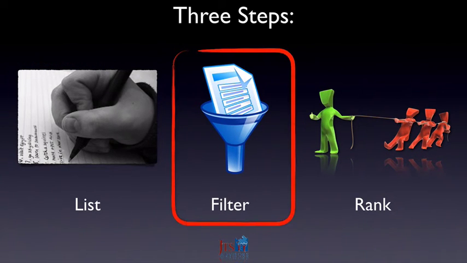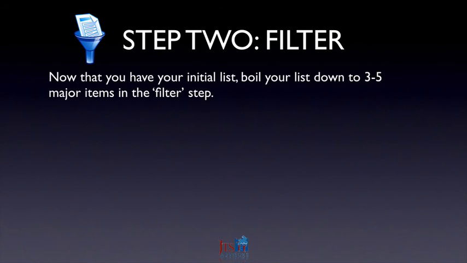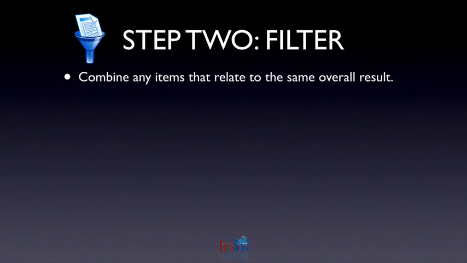Now let's move on to the filter step. Now that you've listed your key accountabilities, you're going to boil this list down to 3 to 5 major items. First, you want to combine any items that really relate to the same overall result. You might have listed several different aspects of really one overall result.